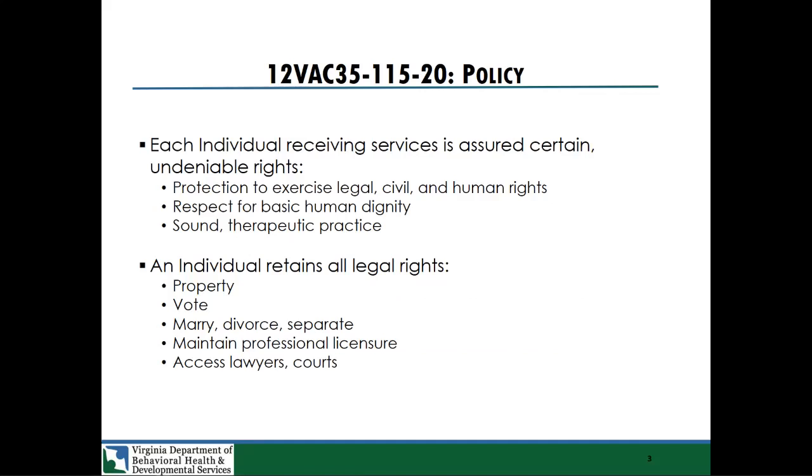In a nutshell, each individual receiving services shall be assured or guaranteed: one, respect for basic human dignity; two, services that are provided consistent with sound therapeutic practice; and then three, protection to exercise their legal, civil, and human rights while they are receiving services.